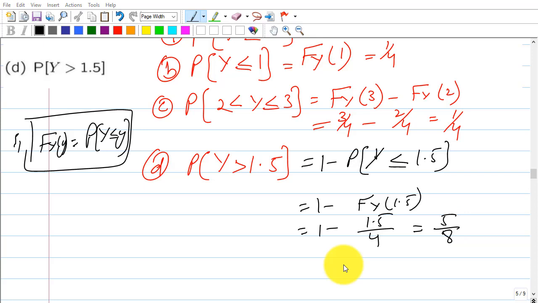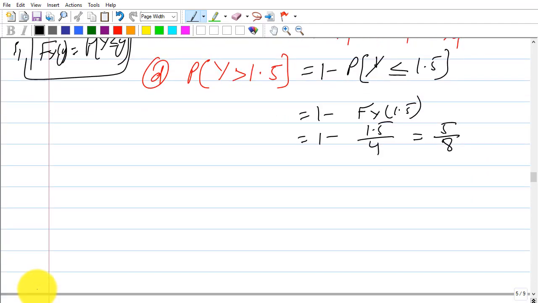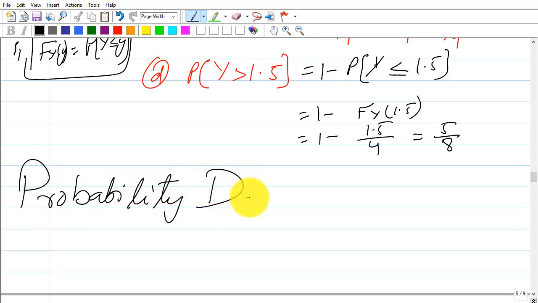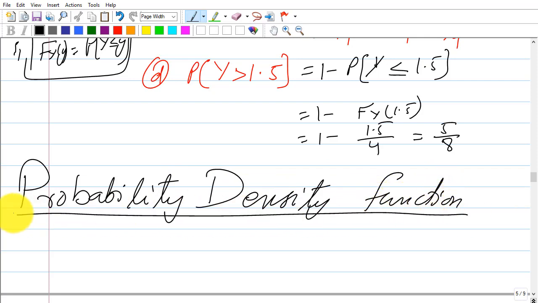So next we have the probability density function, or in short form we write it as PDF, or sometimes small letters pdf.